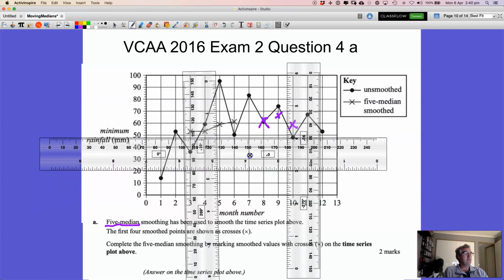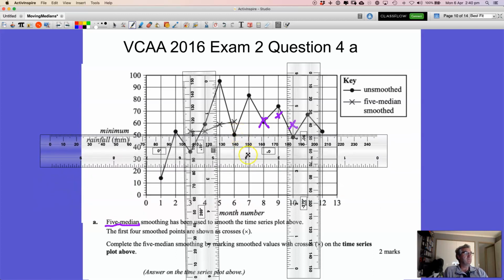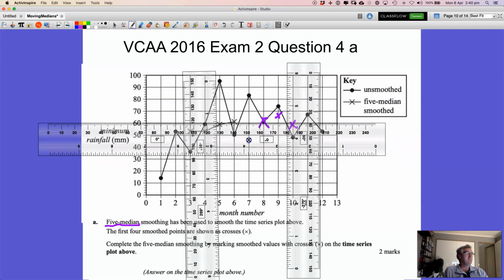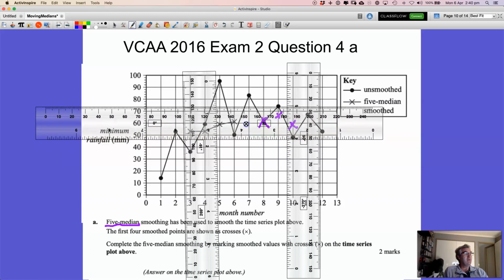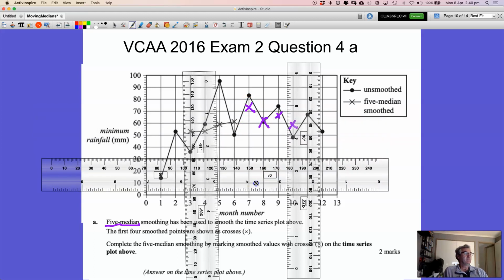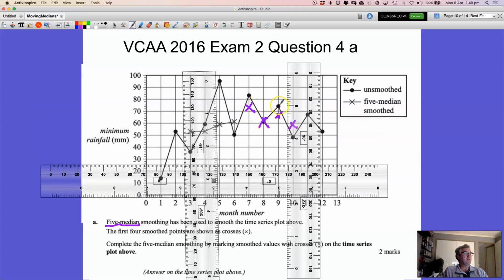So we've got 1, there's the first one, second one, third one. Right, we're working around point 7, third one is right there. That point there lines up with that.